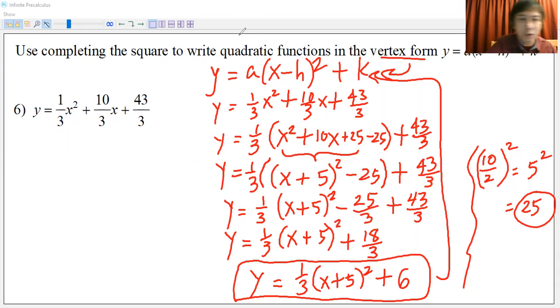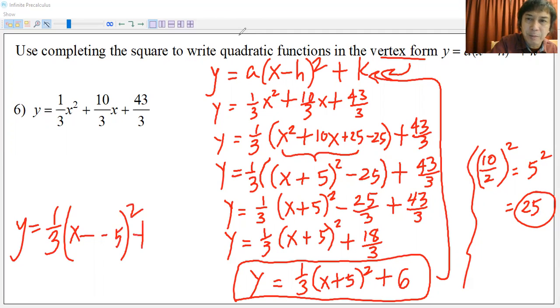So that means you can rewrite that. To identify the correct sign, you can rewrite that x minus negative 5 squared plus 6. And you can very well see your H is a negative 5 there. Your H is a negative 5, and your K is a 6.